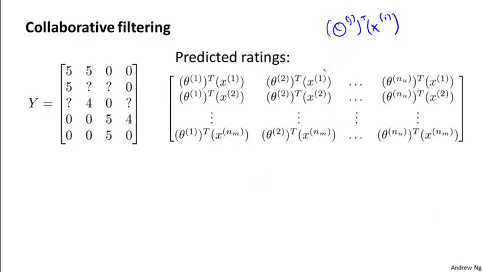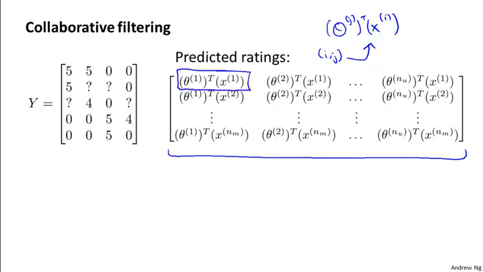And so if you have a matrix of the predicted ratings, the i comma j entry, which corresponds to the rating that we predict user j will give to movie i, is exactly equal to theta j transpose x i. So the 1 1 element is the predicted rating of user 1 on movie 1, the 1 2 element is the predicted rating of user 2 on movie 1, and so on.